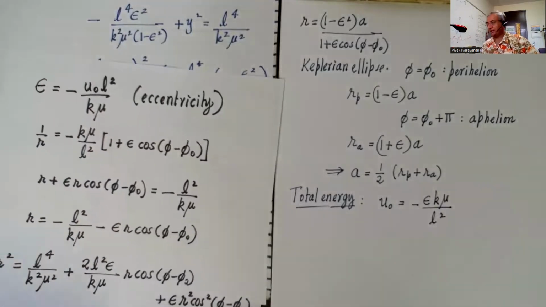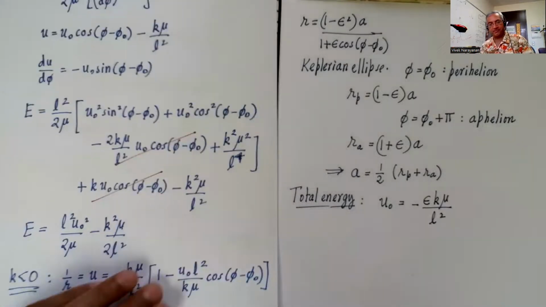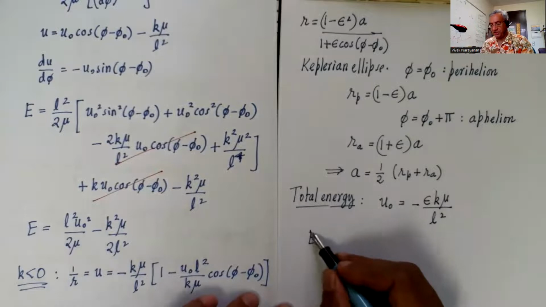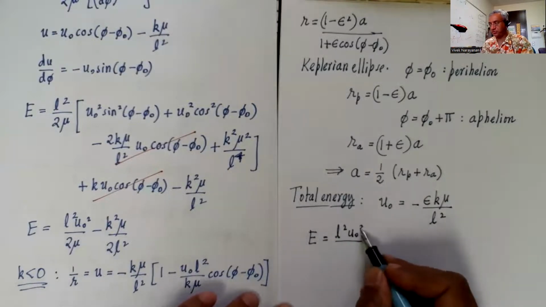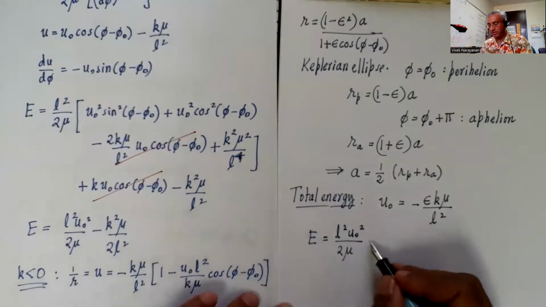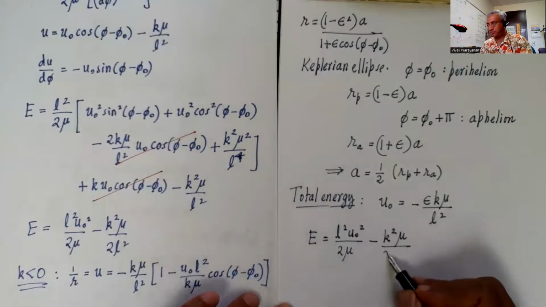Okay, let's use that. The total energy of the particle is right here. The total energy E equals L squared U naught squared over 2 mu minus k squared mu over 2L squared.